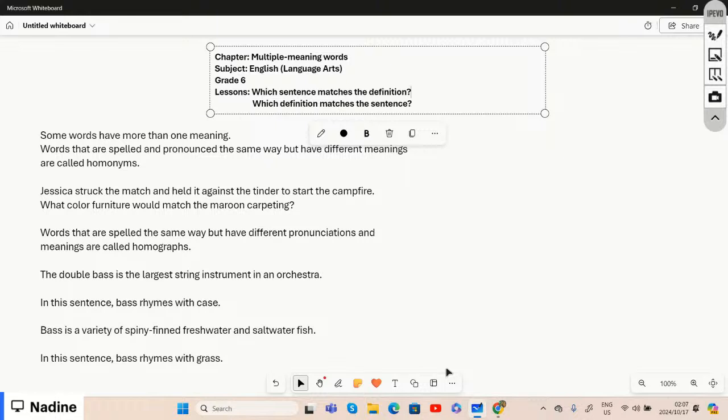We have words that are spelled the same way and pronounced the same way, but the meanings are different. These words we call homonyms.